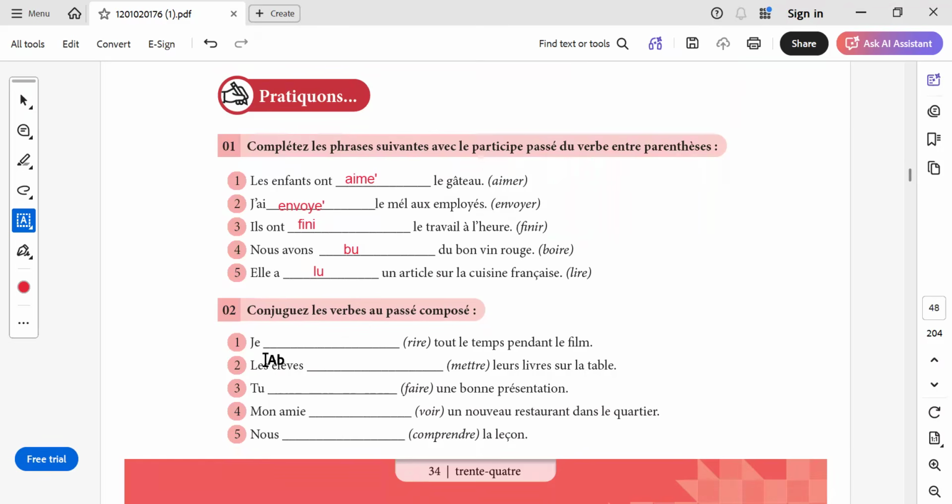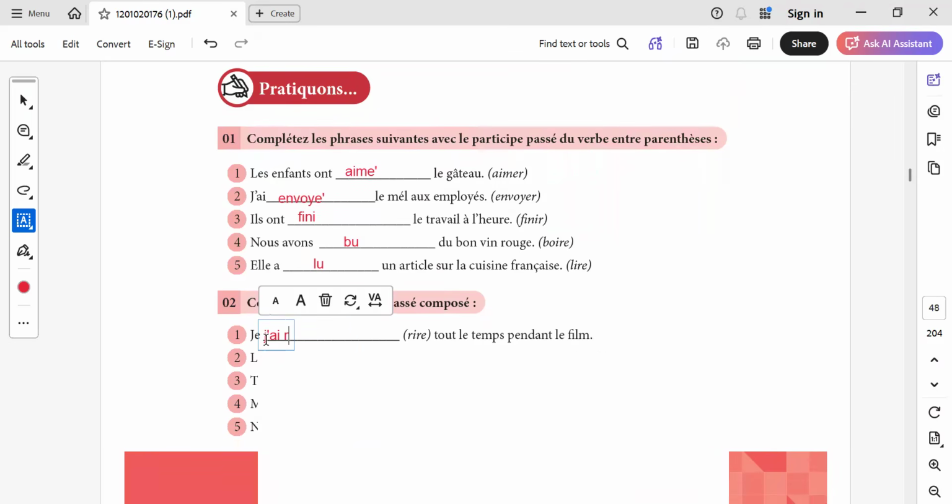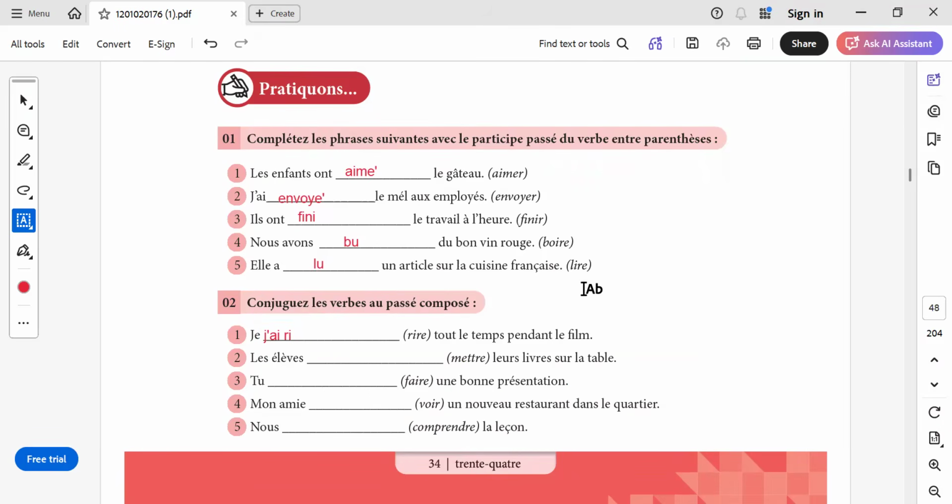Okay, now here we have to write the avoir conjugation and then participe passé. So, je rire tout le temps pendant le film. So, you will remove this je and instead you will write j'ai ri. If you remember, rire becomes ri, R-I, irregular.